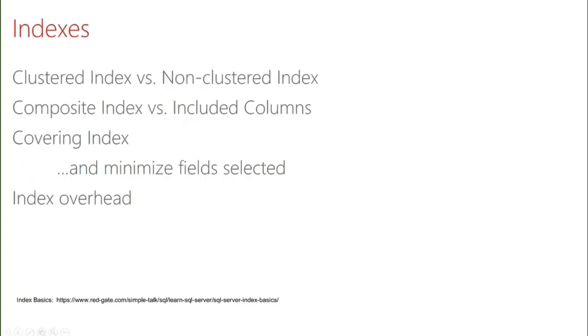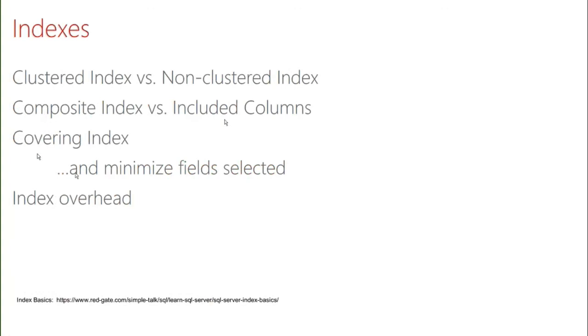So we talked about clustered versus non-clustered. Clustered is a physical sort order. You can only have one per table. A composite index is multiple columns that are indexed, versus included columns, where you tack on additional fields to those indexes so the data is returned with your index seeks, hopefully.